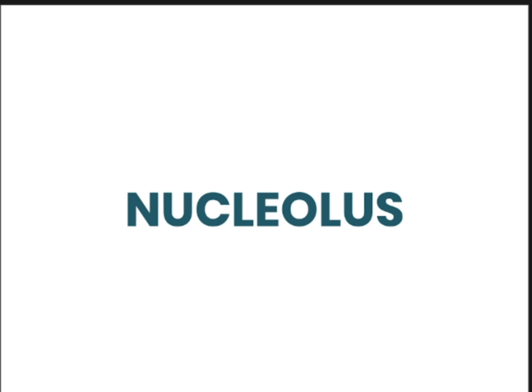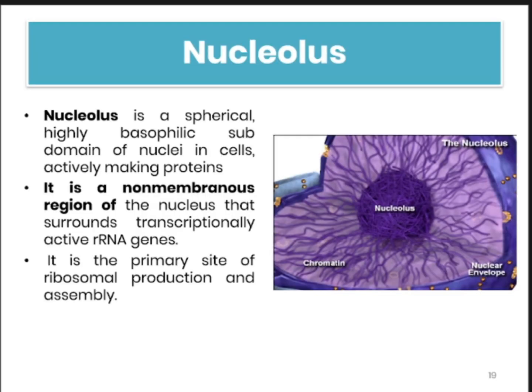Next we also have your nucleolus. Your nucleolus now is a spherical, highly basophilic subdomain of the nucleus. So it's like a smaller nucleus. Again, that's a substructure of the nucleus, and it's actively involved in protein synthesis and also ribosomal production. What would be the location of your nucleolus?